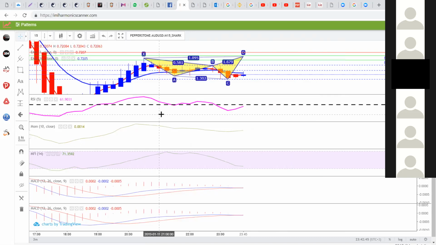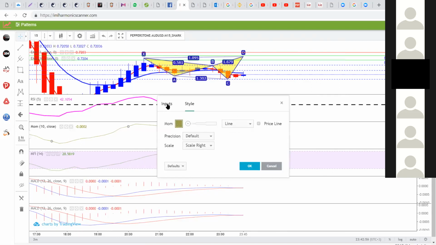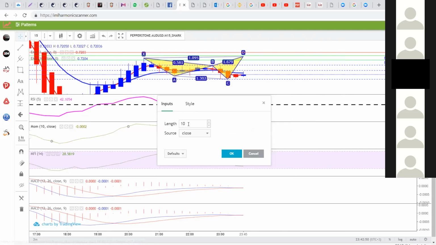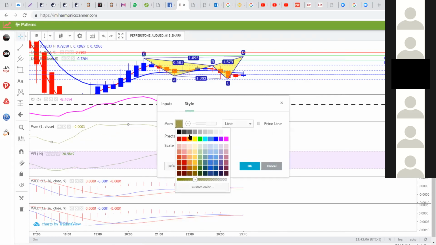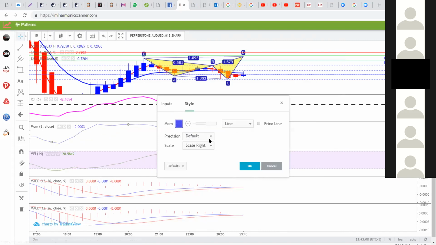All right. So the next thing is that I'm going to go to momentum. This is momentum. And of course, the second line, show, hide, format, and delete. Clicking on the format again. Go to the inputs. Change the length to 5 also. Then the style. I like my momentum to be blue in color.